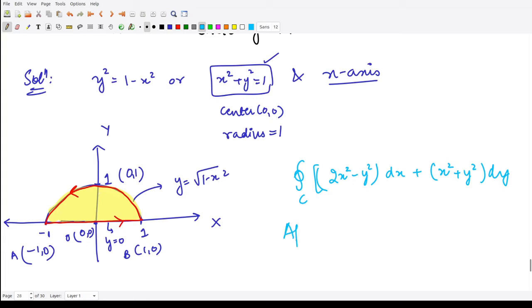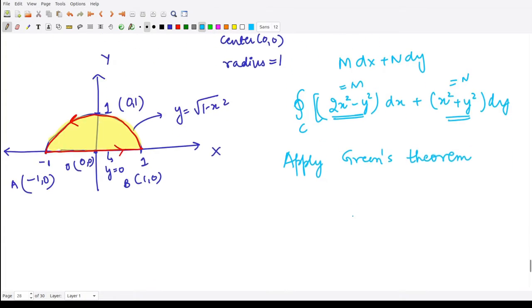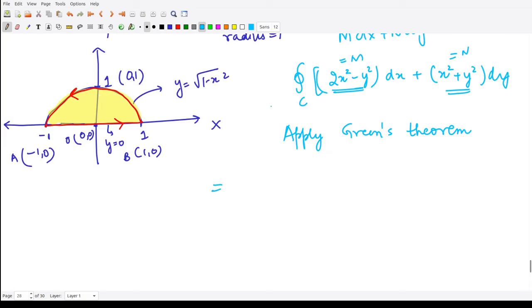So we can apply Green's theorem here. According to Green's theorem, this function has the form M dx plus N dy. Accordingly this becomes equal to M and this becomes equal to N. So by the theorem, you have the surface integral, the double integral of the quantity del N by del x minus del M by del y, right?